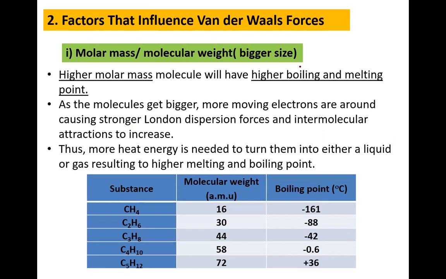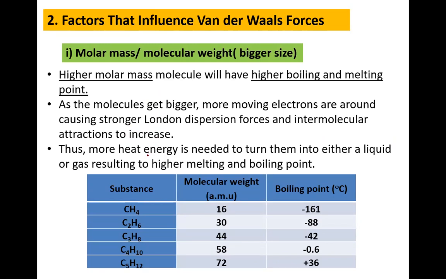Okay, now let's look at the factors that influence van der Waals forces. The first factor is molar mass or molecular weight. A higher molar mass molecule will have a higher boiling and melting point. Why? As the molecule gets bigger, more moving electrons are around, causing stronger London dispersion forces and intermolecular attraction to increase.